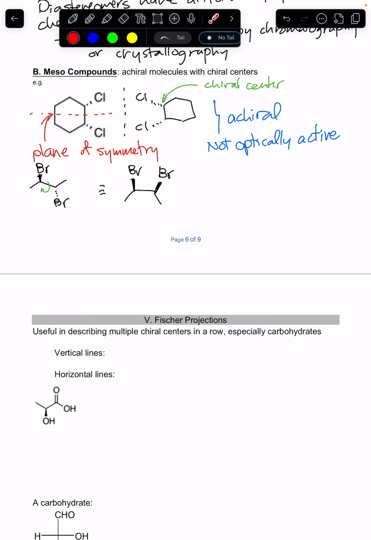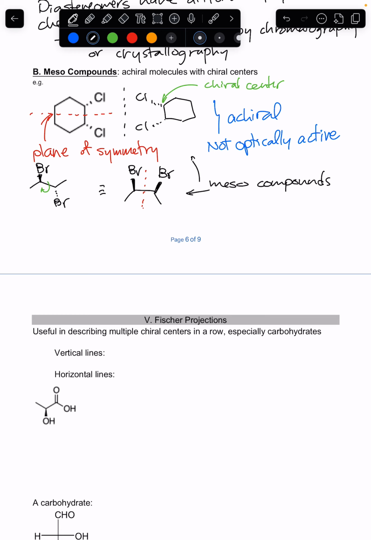And if you don't believe that these two molecules are the same, you could build this model and see if it matches that structure. And this obviously has a plane of symmetry, and so for that reason, these two are called meso compounds. They're not optically active, they're not chiral, even though they have chiral centers.